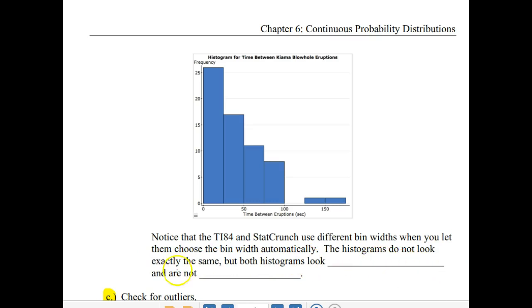The histograms do not look exactly the same, but both histograms look right skewed. And definitely are not bell-shaped. And not symmetric.